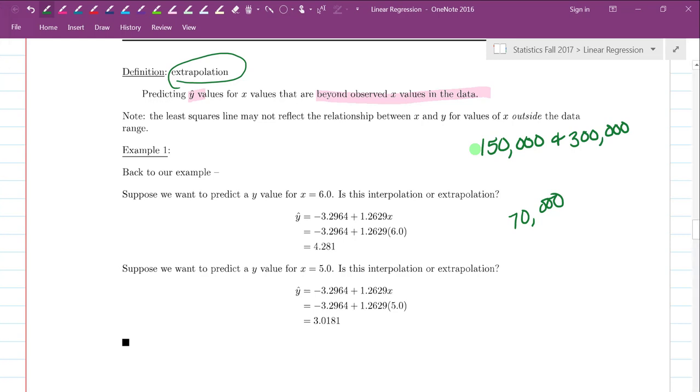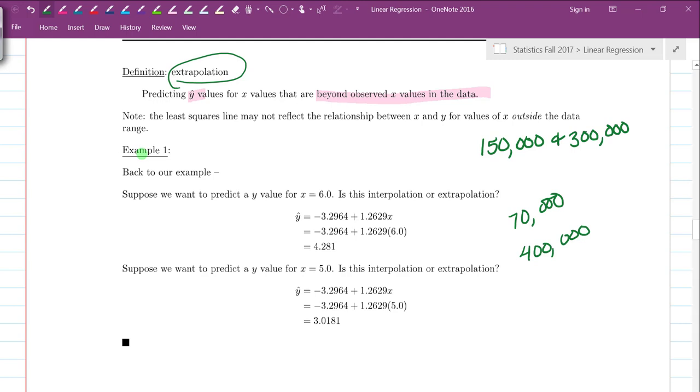Likewise, I couldn't necessarily accurately use my model to predict the value of a car that had 400,000 miles on it, because again, I didn't have a vehicle with that many miles in the data set used to develop the model. Now, sometimes we don't have any choice and we have to use the best model that we have, so we're going to be using extrapolation. That happens. But you also need to realize that it's not necessarily the best option. Sometimes it's the only option, okay? But sometimes you have better options and you should use those, okay?